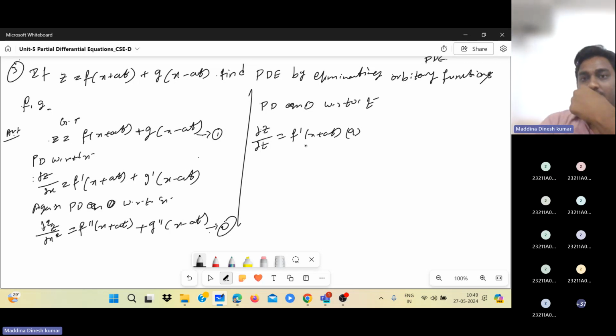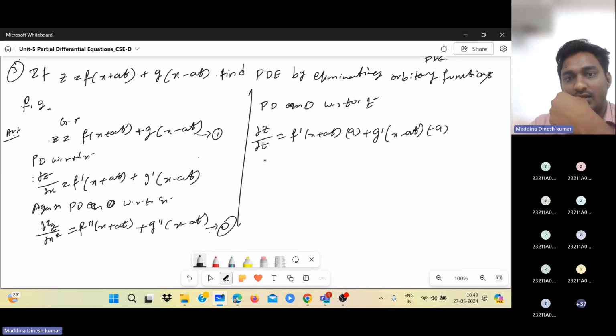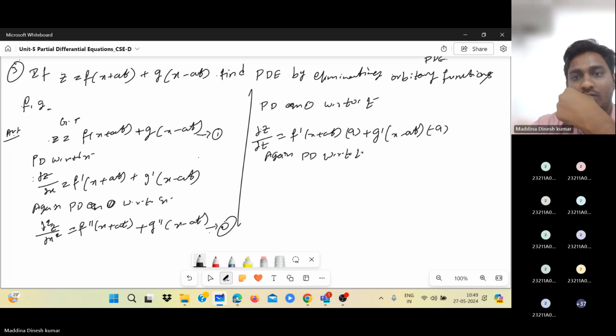With respect to t we are doing now, this x will become 0, this at t will become 1, and this a into 1 is a, plus g dash of x minus at into minus a. Again partial differentiation with respect to t. Then you will get dou square z by dou t square equals f double dash of x plus at a square.